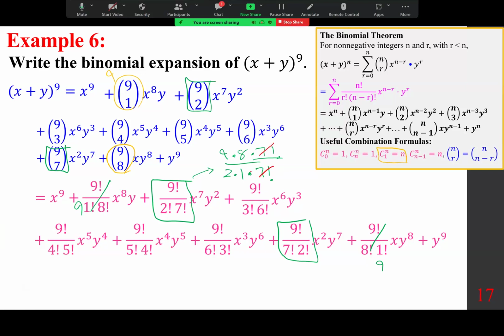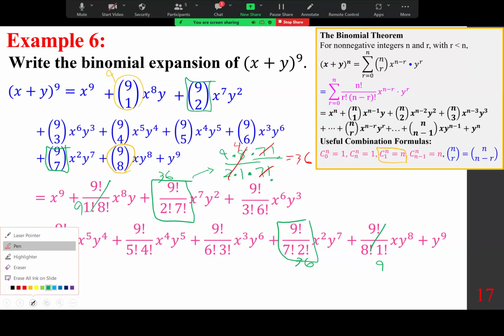These two cancel each other. 8 cancels out the 2. 4 times 9 is 36. So which means this number is 36. So is this number.